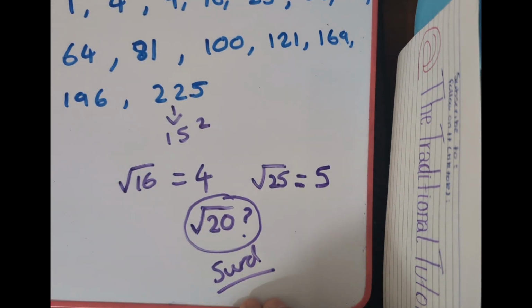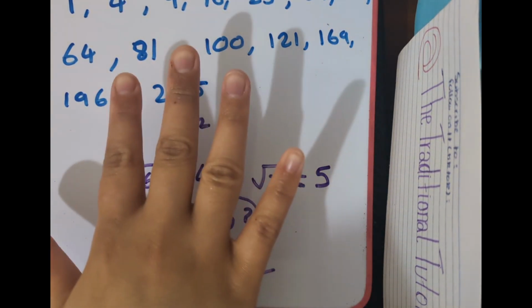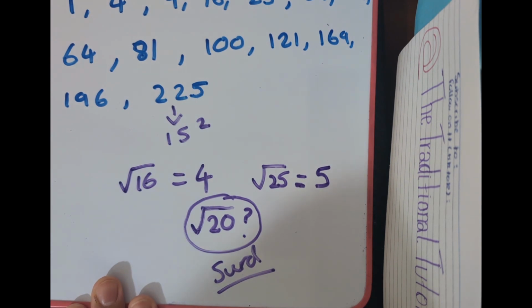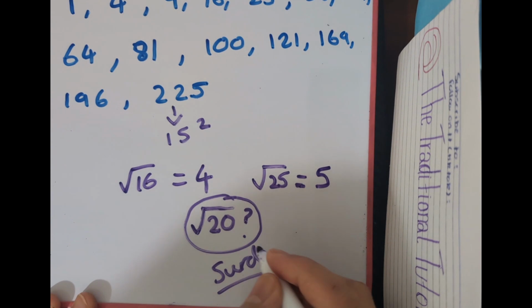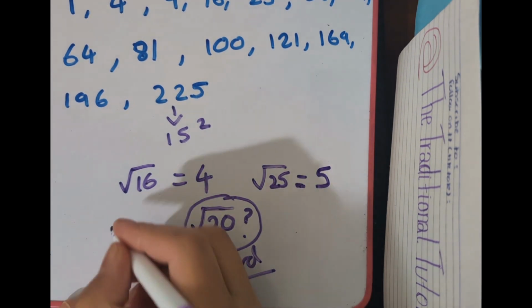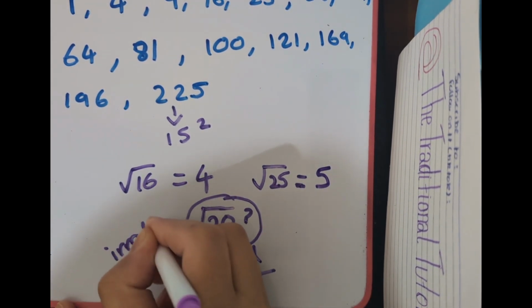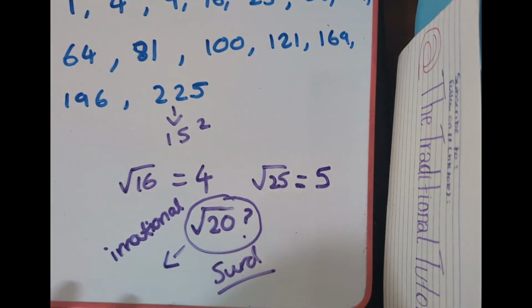Another way of thinking about it, going back to the start of this video where we looked at rational numbers, is that this is also an example of an irrational number. And by irrational, remember, I just mean the opposite of rational. It's a number that does not terminate and never starts recurring, and hence we can't write it as a fraction, and therefore it is a surd.